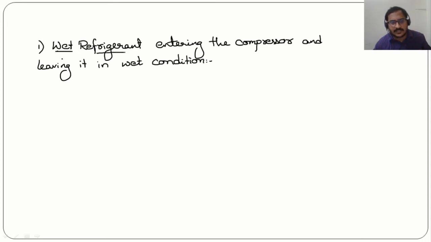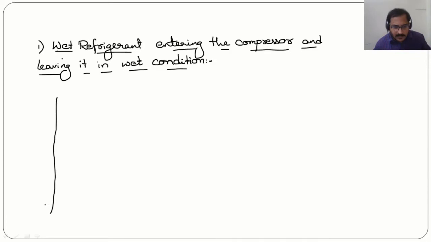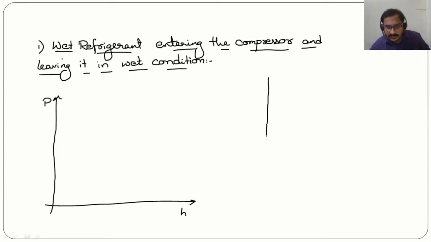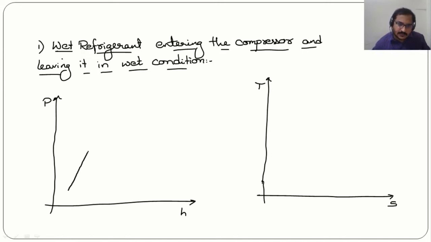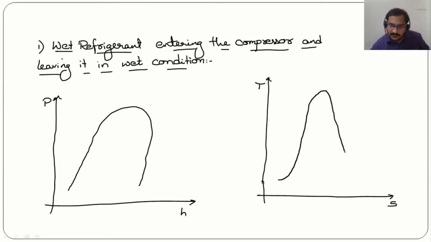Now this is the first case that we need to come across. Now here let me draw two diagrams. One is the pressure specific enthalpy diagram, pH diagram. The second one is temperature entropy diagram, TS diagram. So pH diagram will look like this, and TS diagram, we know that this is going to be a bell shaped curve.